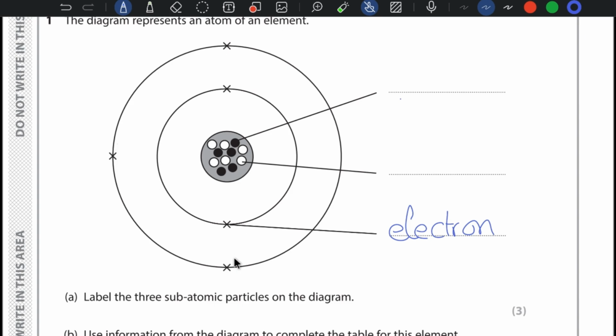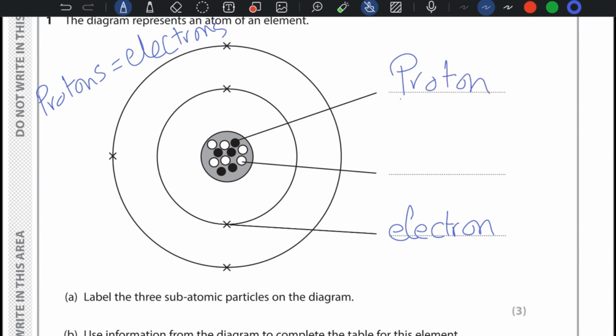And I'm sure you know that the number of protons is equal to the number of electrons. So we have 5 protons. Which one is 5? 1, 2, 3, 4, 5. So the black circle is the proton. And if you count the white circles, 1, 2, 3, 4, 5, 6, we have 6 neutrons.